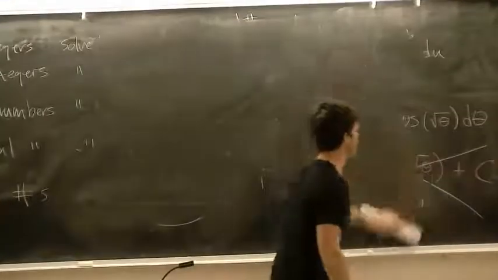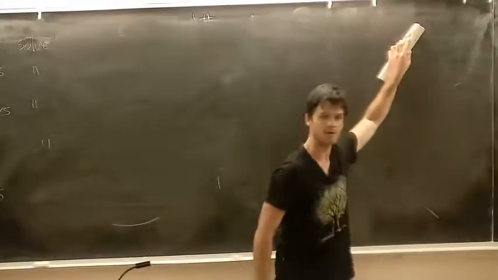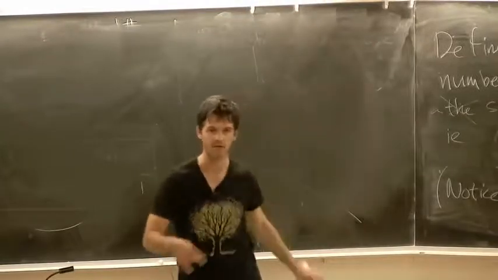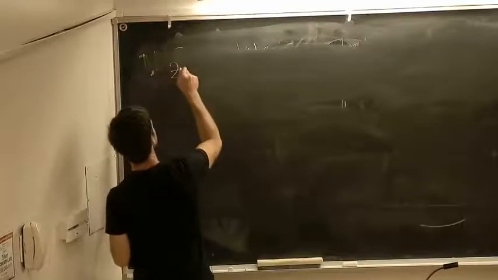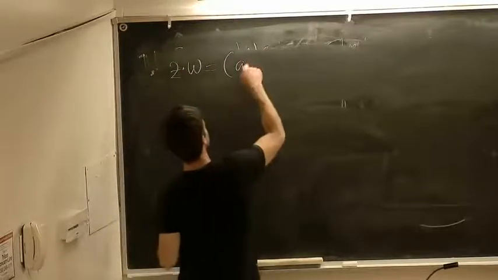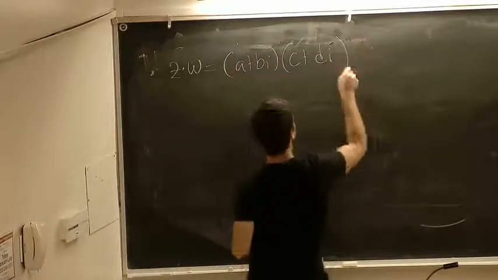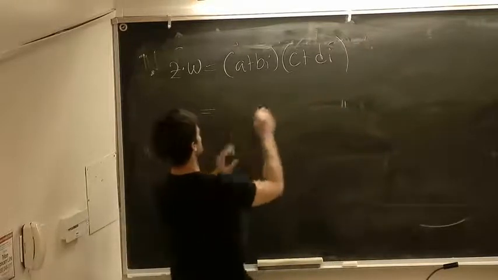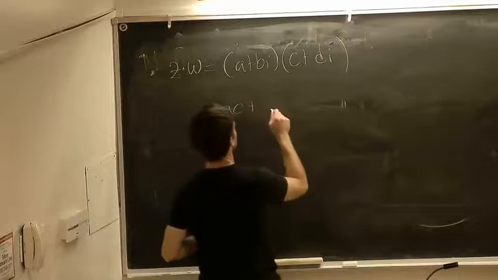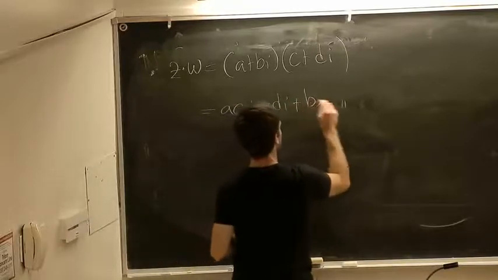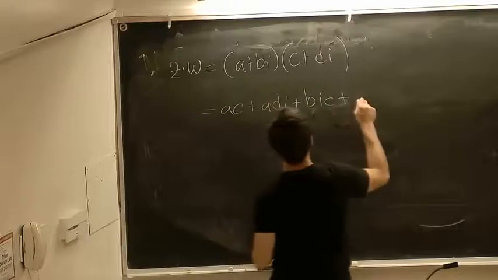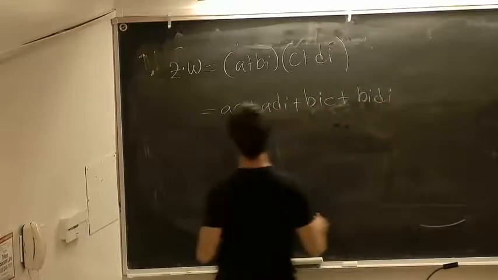Okay, so that's not so bad. In fact, it might remind you of vector addition, where you add the components. And we're going to see that that's actually a pretty good comparison. But now let's do multiplication. So z times w is a plus bi times c plus di. If you just distribute, we'll get an a times c, an a times di, a bi times c, and a bi times di.